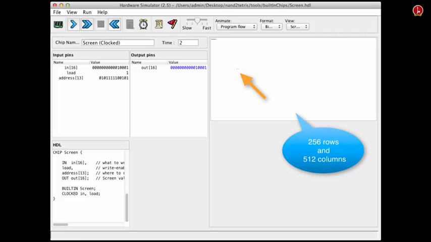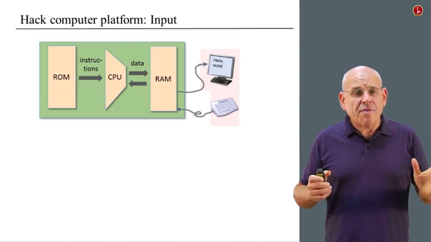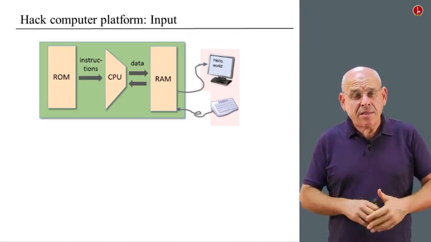So these 2 pixels obviously correspond to the 2 ones that happen to be the only 2 one bits in the binary representation of 17. So this has been a demo of manipulating the physical screen using the respective memory map, the screen chip that controls it. So the next thing that I want to talk about is the input unit.